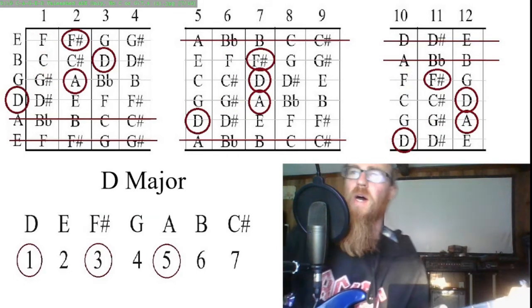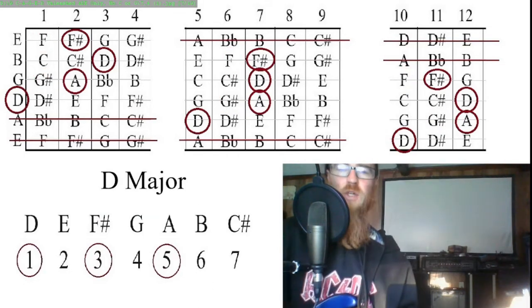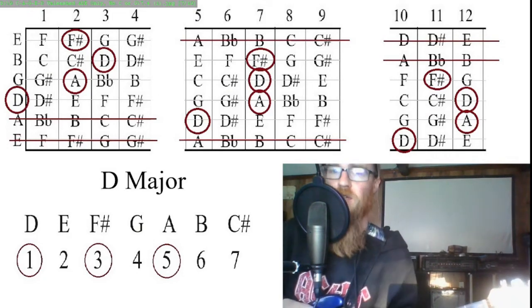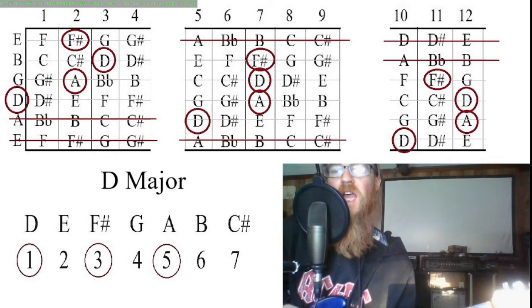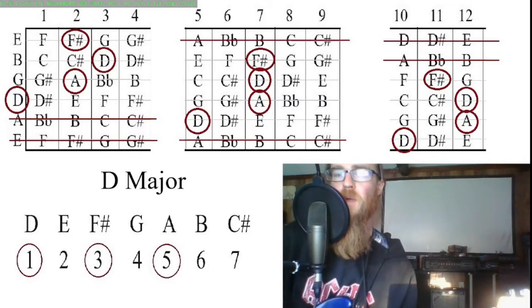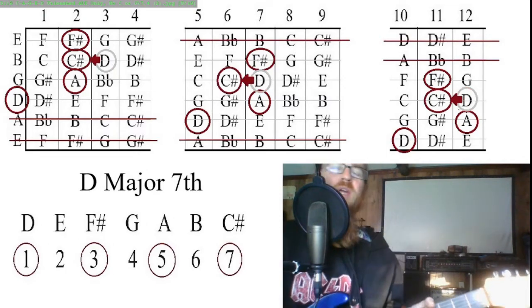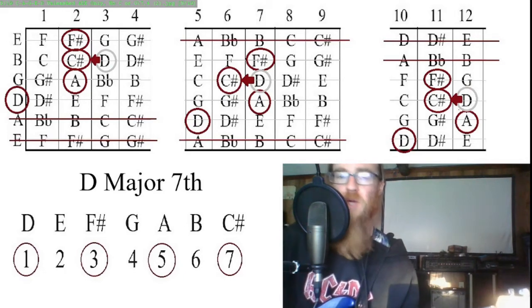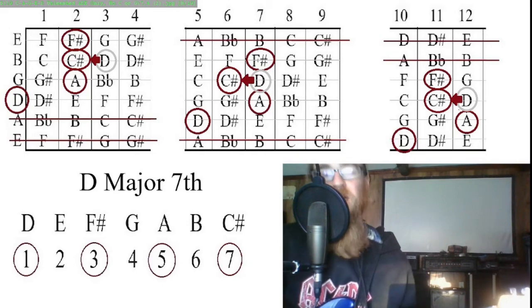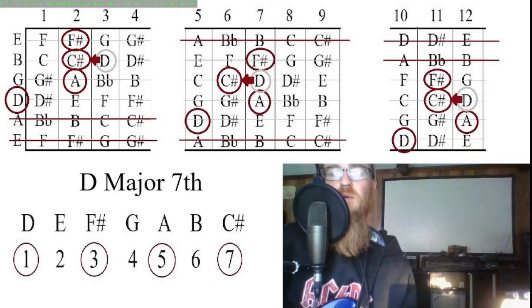If you want to take a major and turn it into a 7th, let's say a major 7th, well, you have D, A, D, and F sharp. But you're like, well, where's the 7th interval going to come from? Because as you can see, the 7th interval is C sharp. Well, when we have a repeating root note, we use that root note for something else because we don't need the root note to repeat.